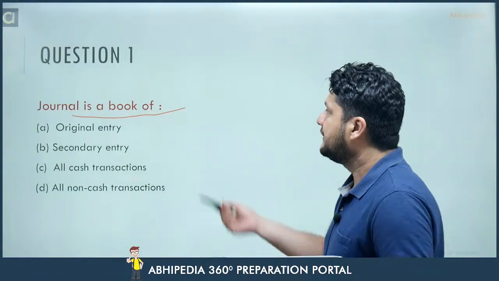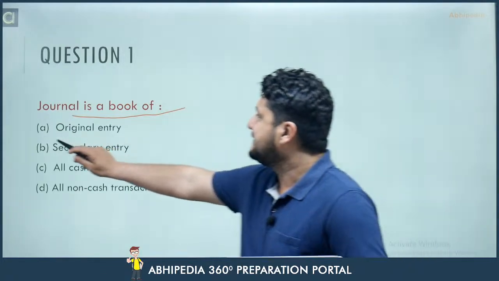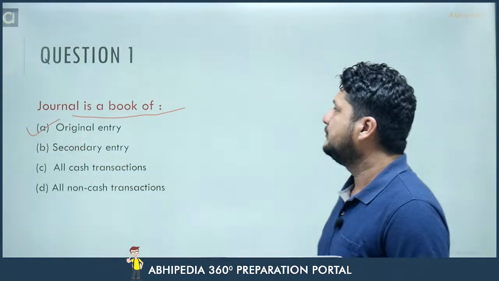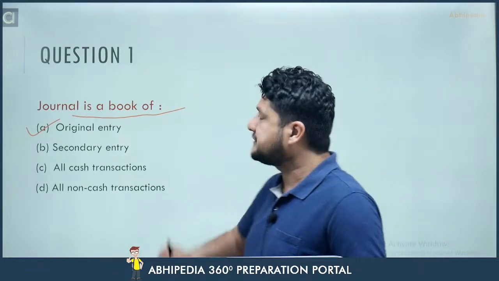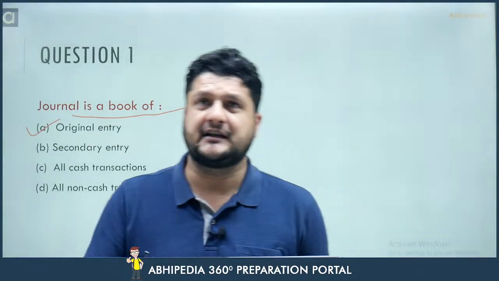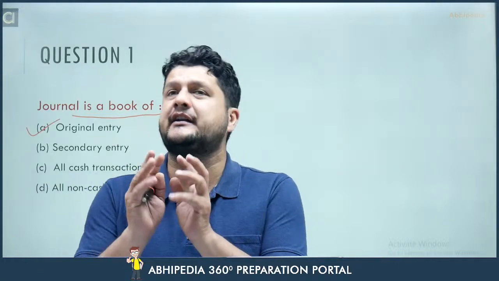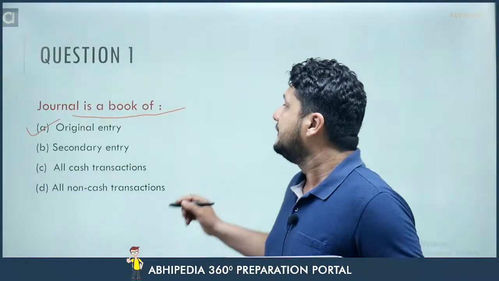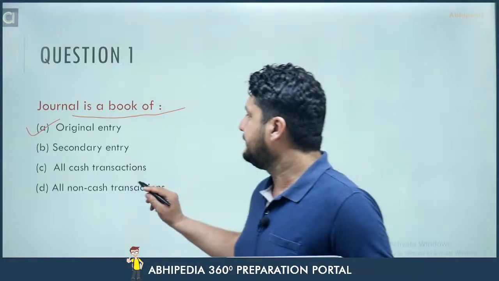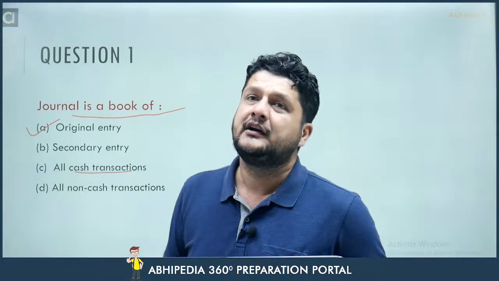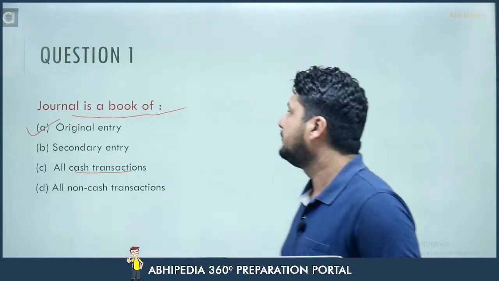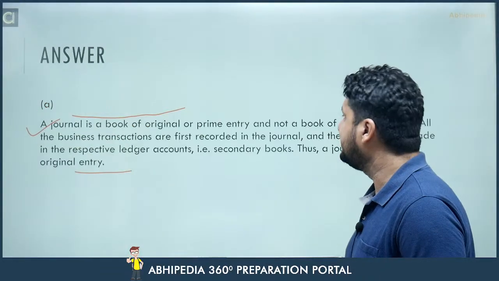Right. So the answer is A, book of original entry, because the very first time a business transaction happens, it is recorded in the journal, and every transaction, whether it is a cash transaction or a non-cash transaction, is noted in this book of original entry, that is journal.